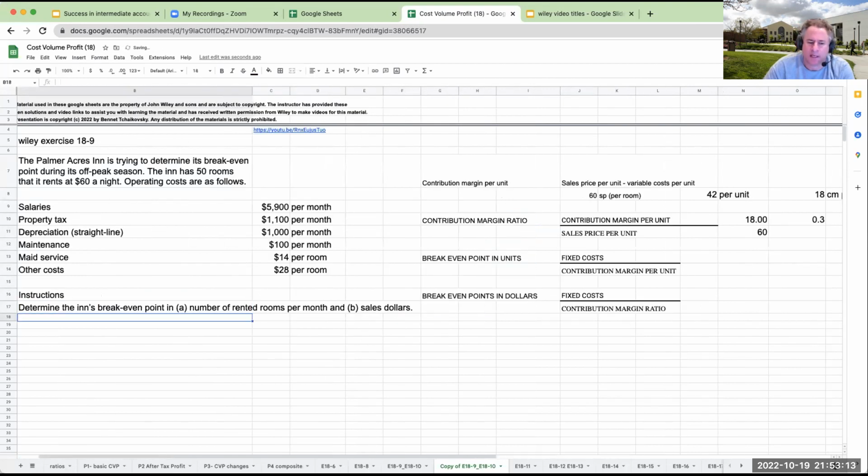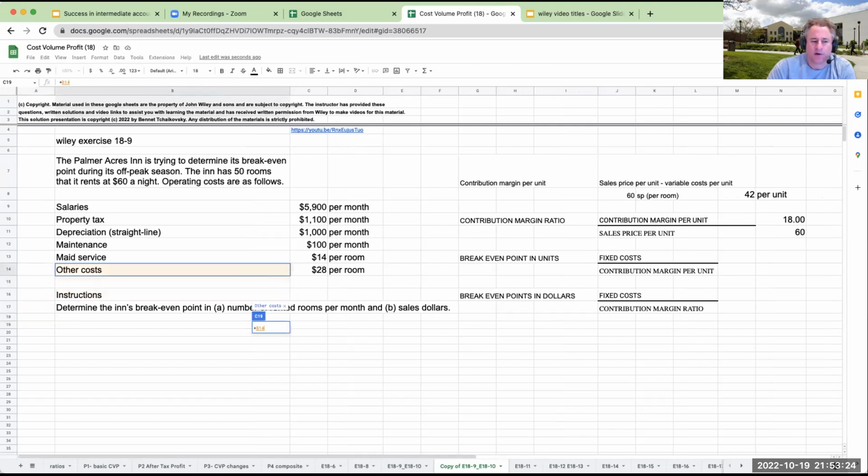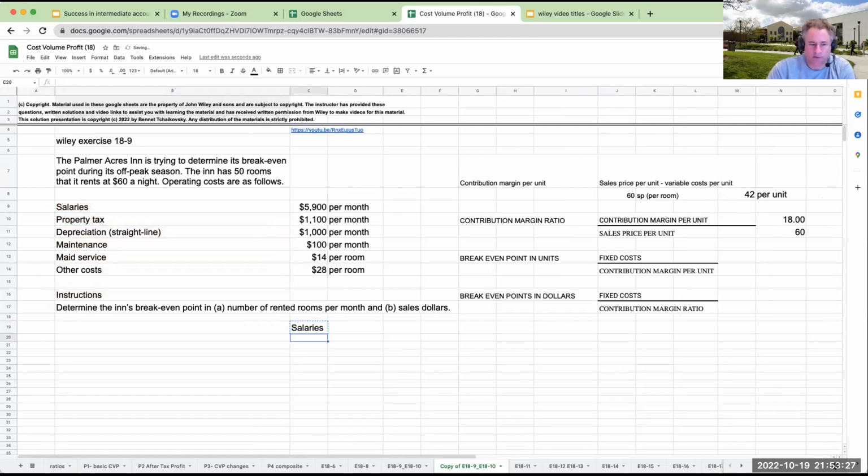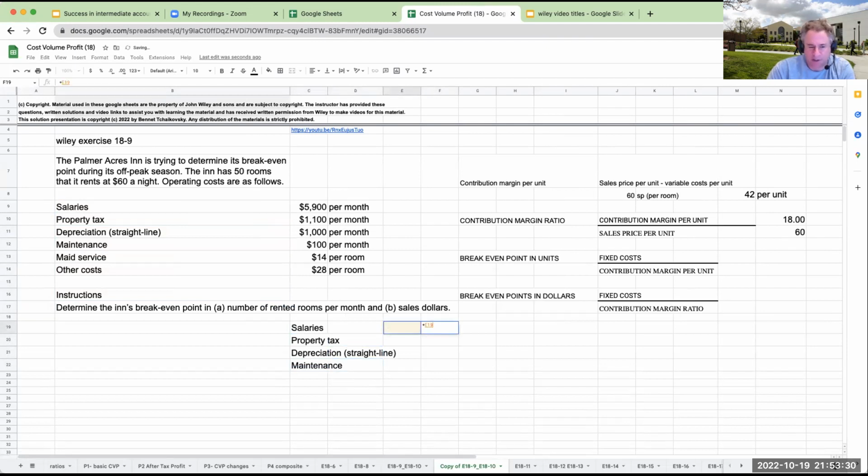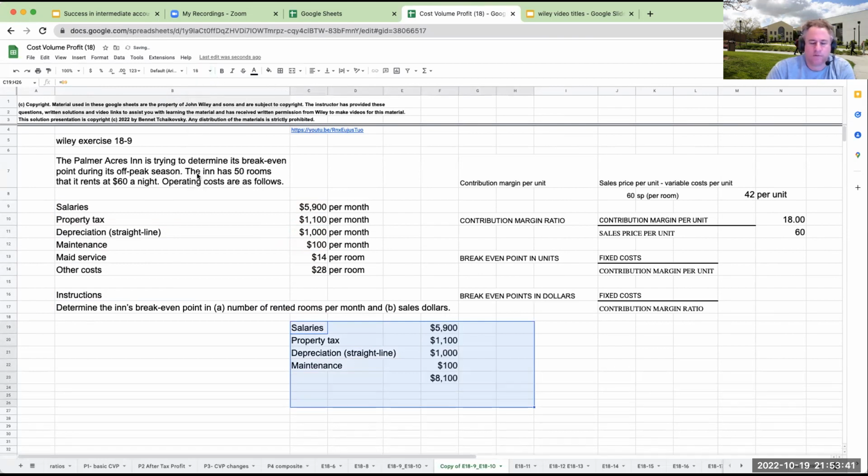Now, my break-even point in units is going to be my fixed cost. This is where I messed up the question, because I forgot to include the maintenance. My fixed costs are my salaries, property tax, depreciation, anything where it says per month. That totals up to 8,100. So my fixed costs are $8,100.